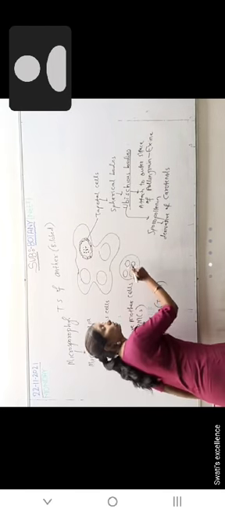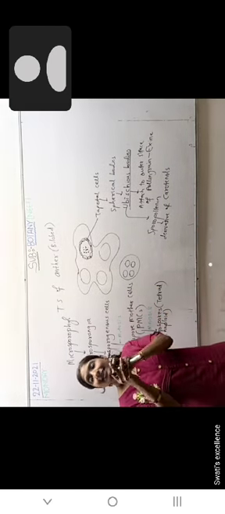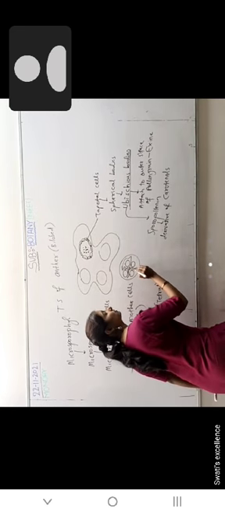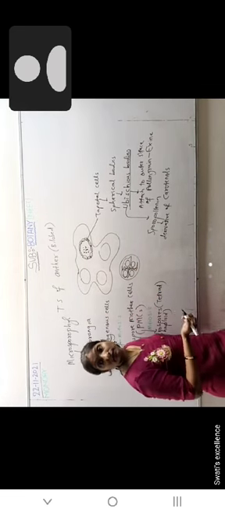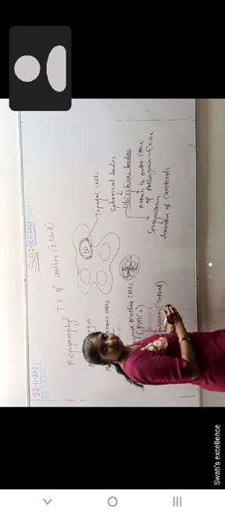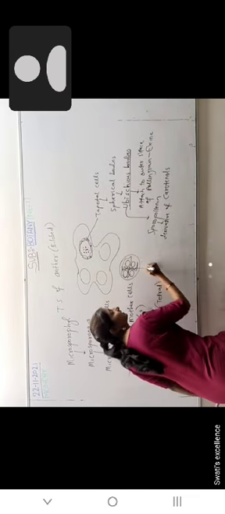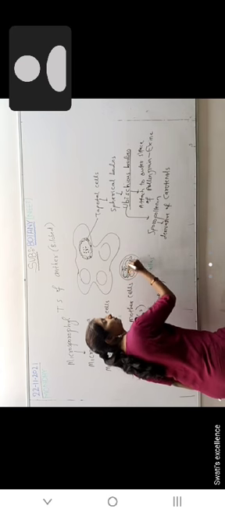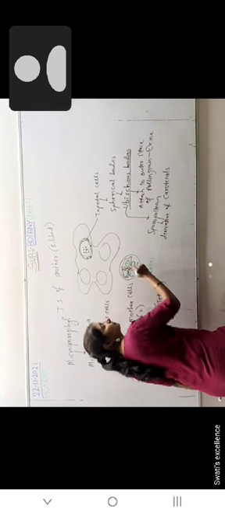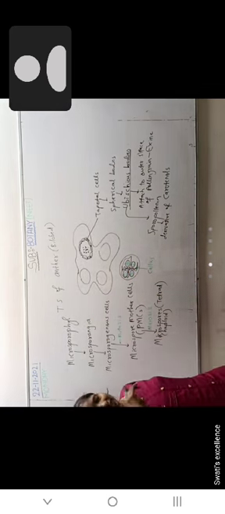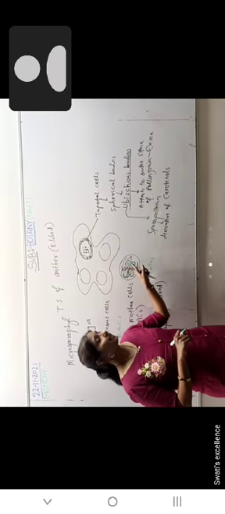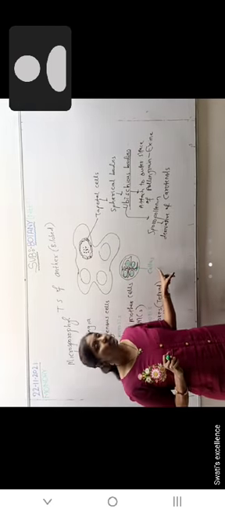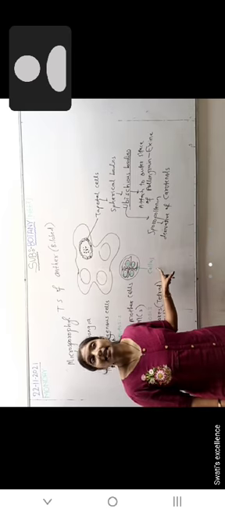Initially, all the 4 pollens are attached to each other with the help of a substance that is callose. All the 4 microspores, that is haploid pollen grains, are attached to each other with the help of the chemical callose.